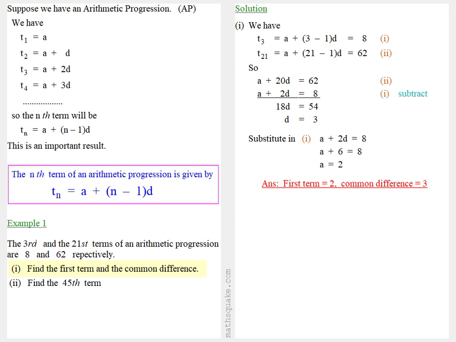So our answer is the first term is 2 and the common difference is 3. Now in part 2 we're asked to find the 45th term. We've got T45 is equal to A plus (45 minus 1) times D. So T45 is equal to 2 plus 44 times 3, which is 134. So the 45th term is 134.